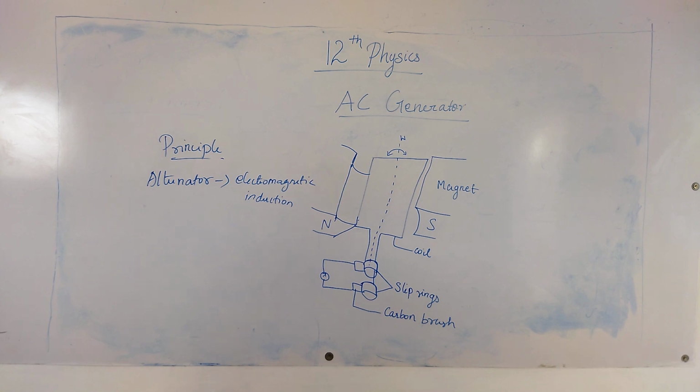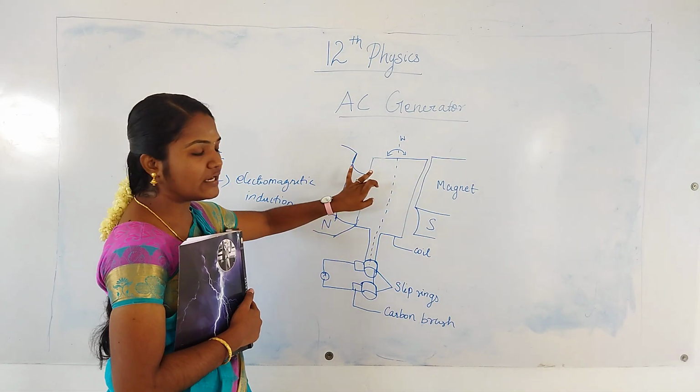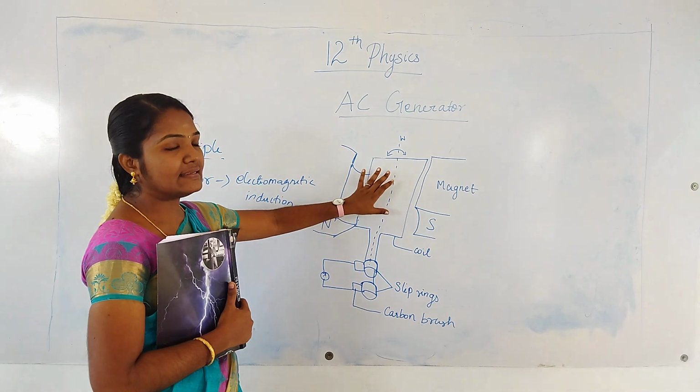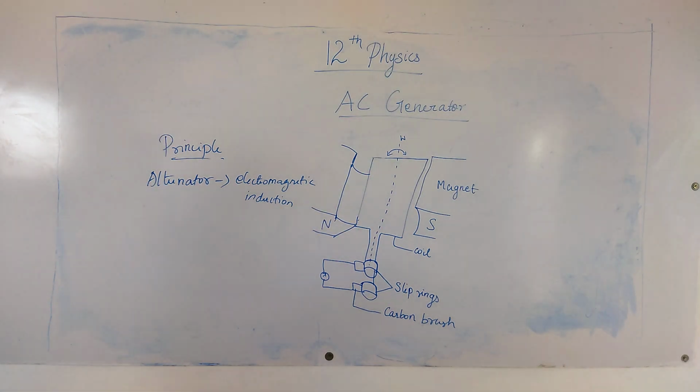Here the alternating EMF is generated by the rotating coil. This is a rectangular rotating coil, and only alternating EMF will be produced. EMF is generated either by this, or by rotating a magnetic field with a stationary coil.